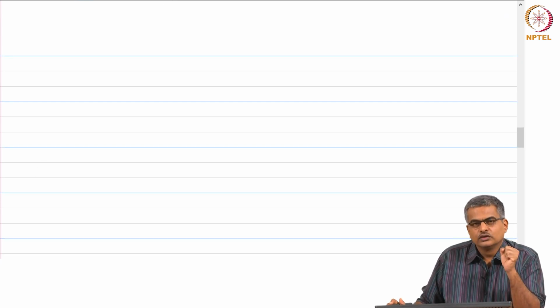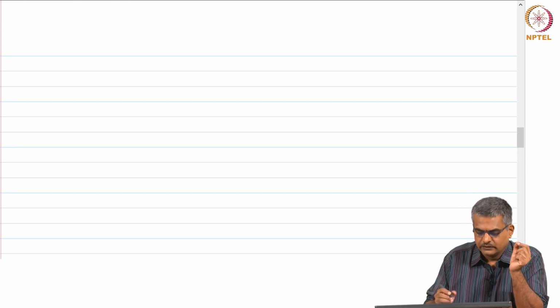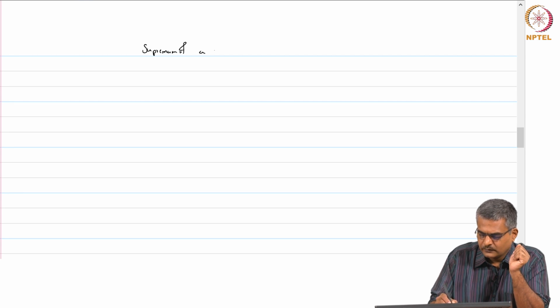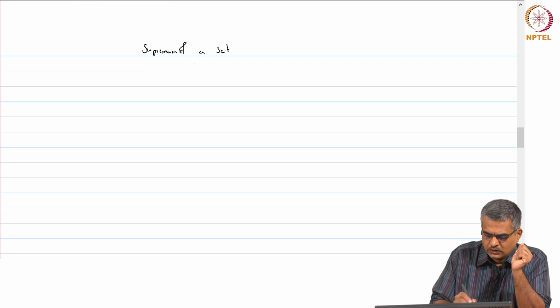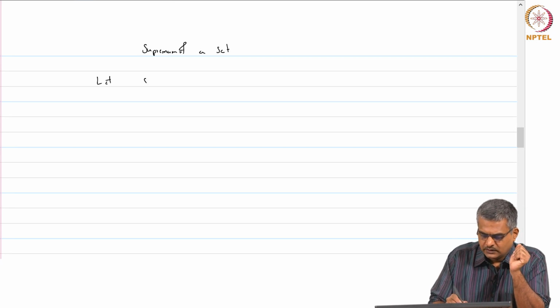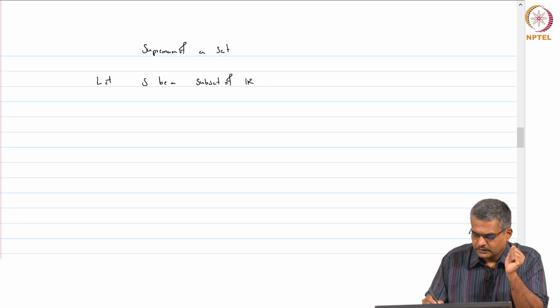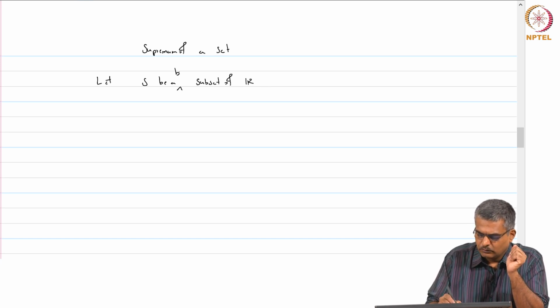Let us now move on to another notion that we will need frequently in our analysis, and that is the notion of a supremum of a set. So, let S be a bounded subset of R.